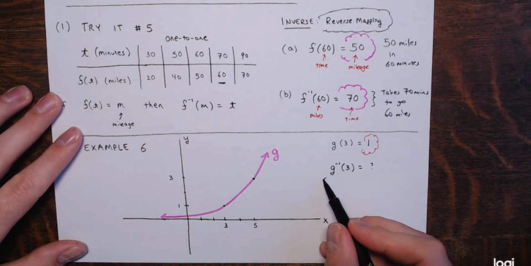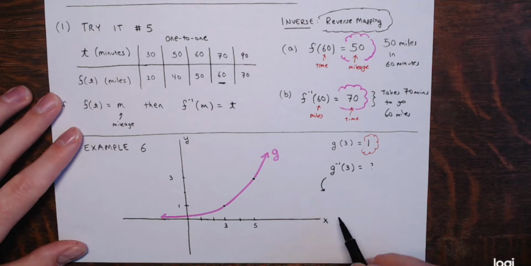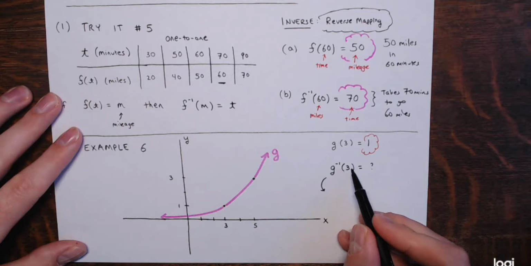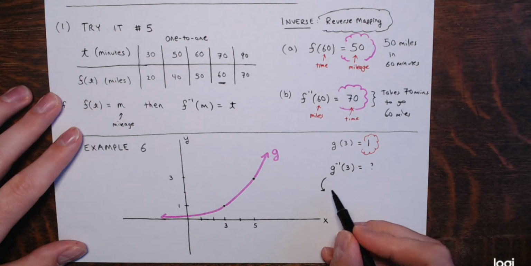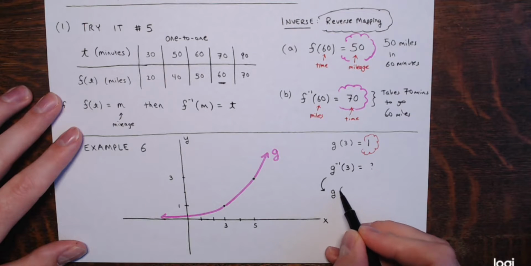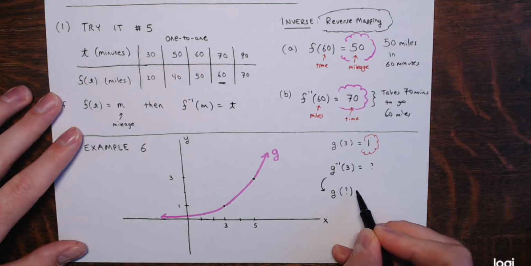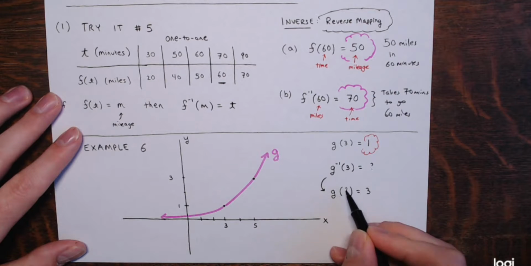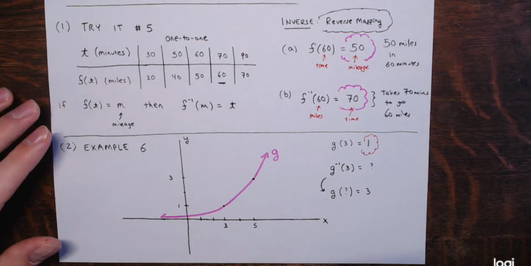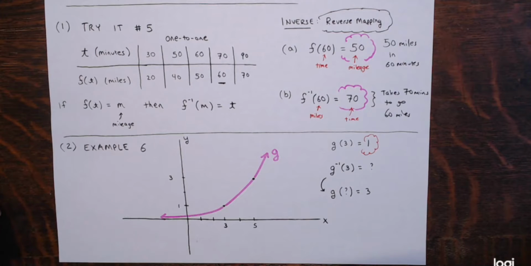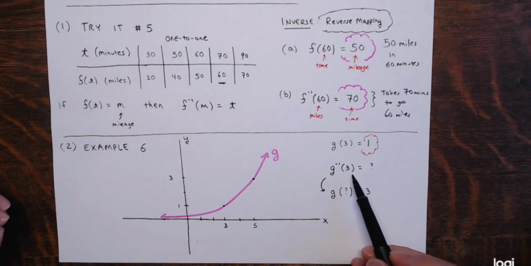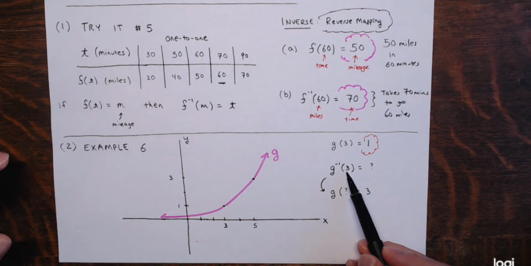Well, another way to ask this is, g inverse of 3 equals what? g of what equals 3? These kind of mean the same thing, because again, this is just reversing the mapping.